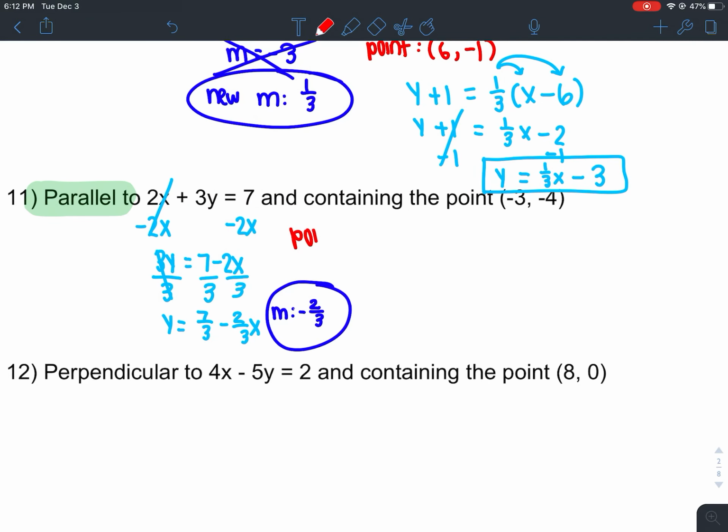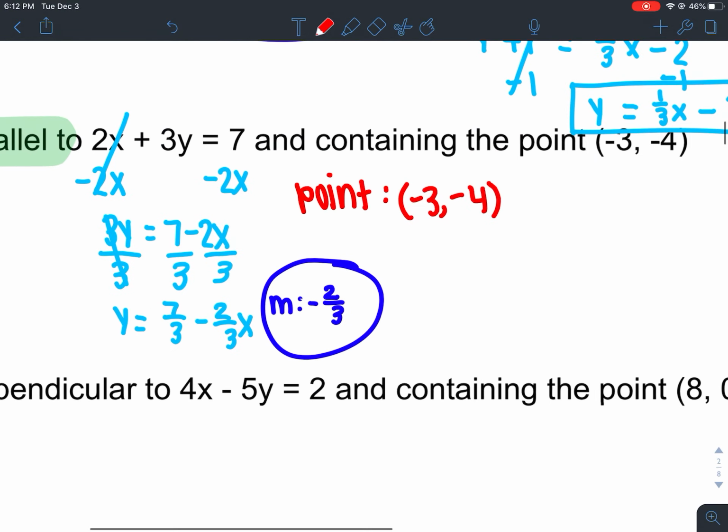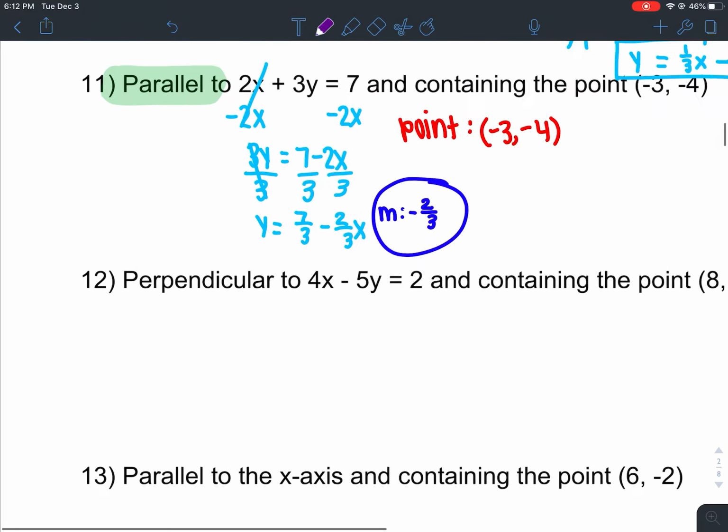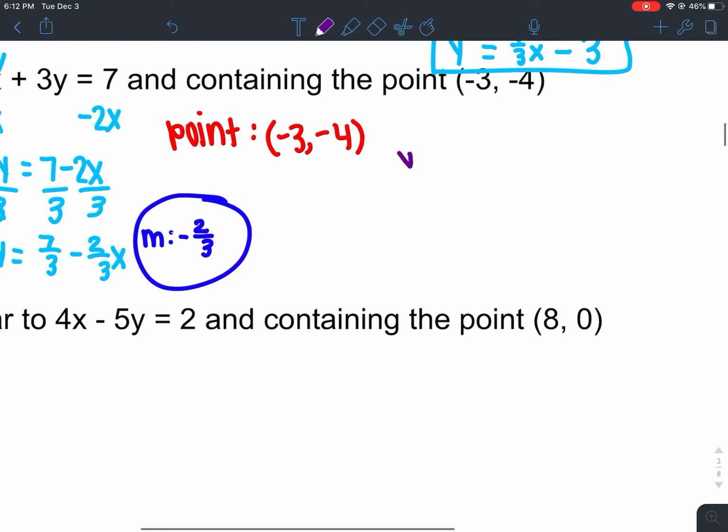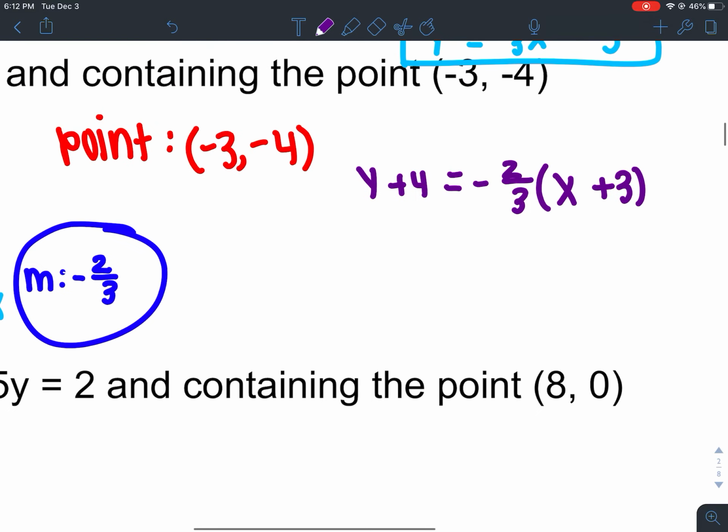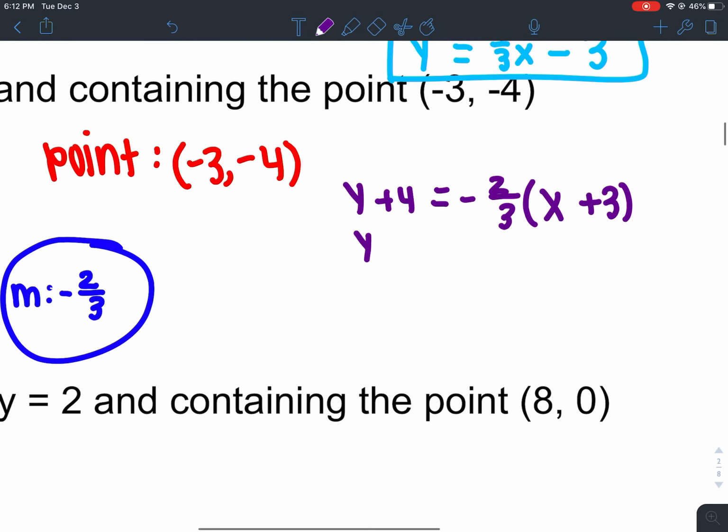So this is the slope I do want to use. And then I want to use the point (-3, -4), because that's the point they asked me to use. So I'm going to use the same slope because it's parallel, and use the point. Again, it's super important that you're reading and making sure that you're doing what the problem asks of you, because sometimes we don't read and we mess up a little. Okay, so I plugged in my point, plugged in my slope, and now I'm going to get y by itself.